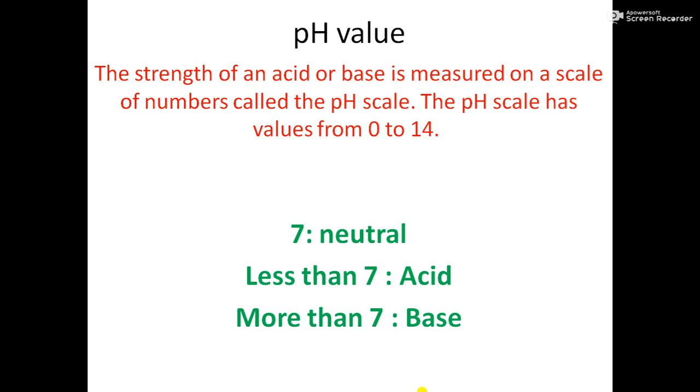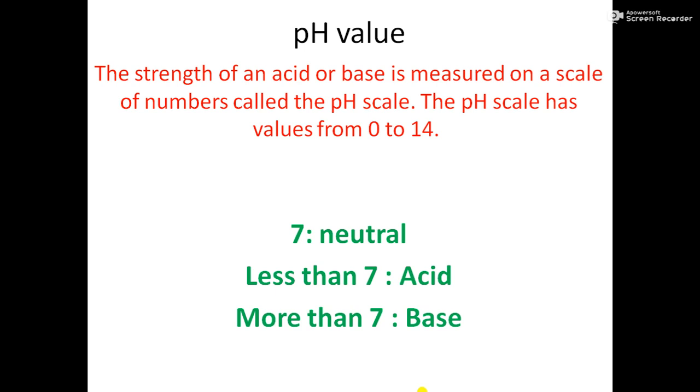Got it? And when we go below number 7, that is, less than 7, all those substances are called acids. And the numbers above, or more than, 7 are bases, right? So as we go on decreasing, I can say that the acid at number 1 is stronger than the acid at number 4.